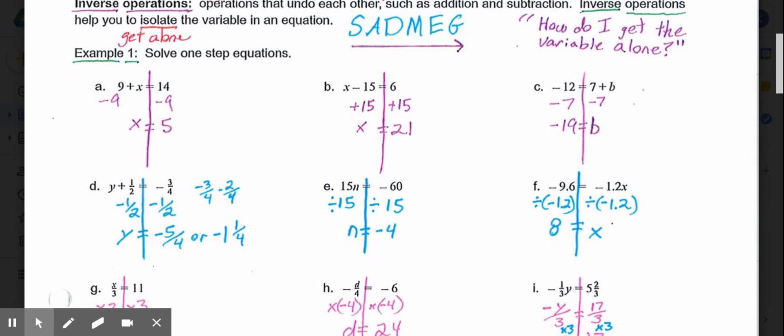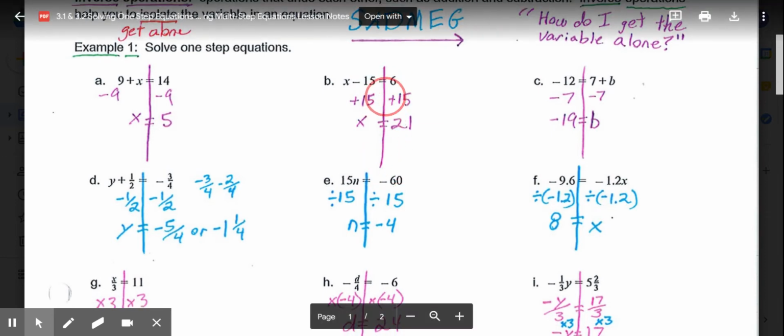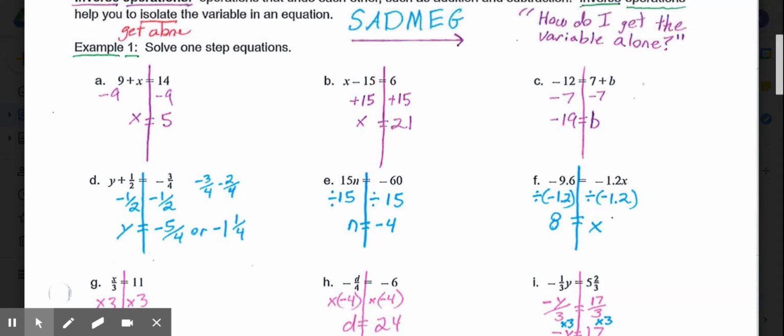So let's look at our first few examples with one-step equations. You'll notice on all my examples, I draw a vertical line segment through the original equal sign. That is just to keep myself organized. What allows inverse operations to work in these equations, and we'll get more into these property names later, and you'll have to come back to them in geometry, are the algebraic properties of equality.